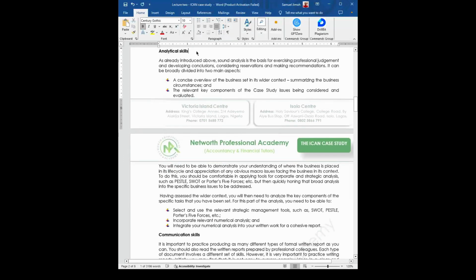And in this case, there are three major analytical skills that you need. We have the financial statement analytical skill. Financial data analytical skill.